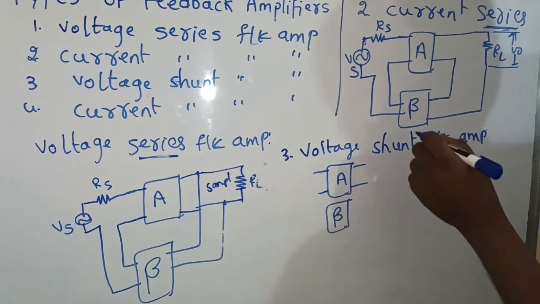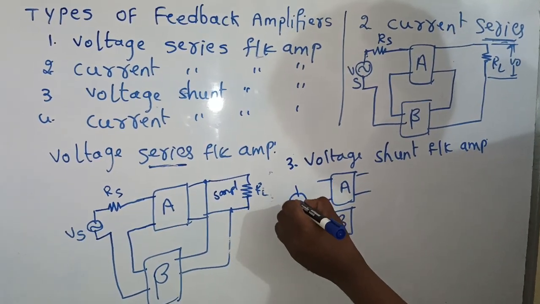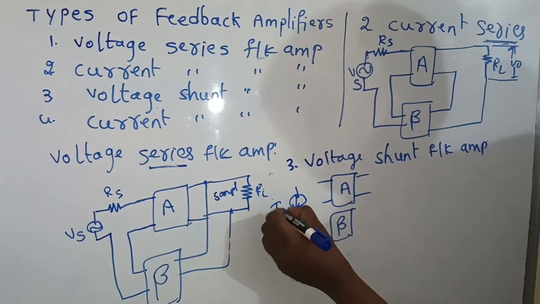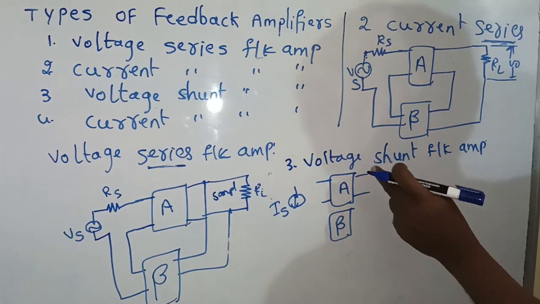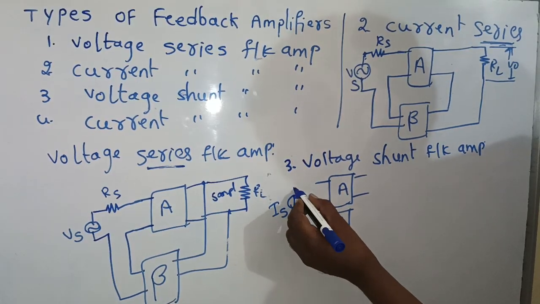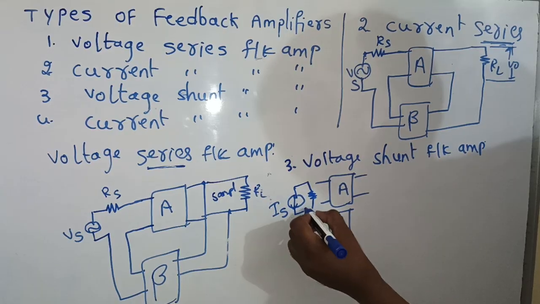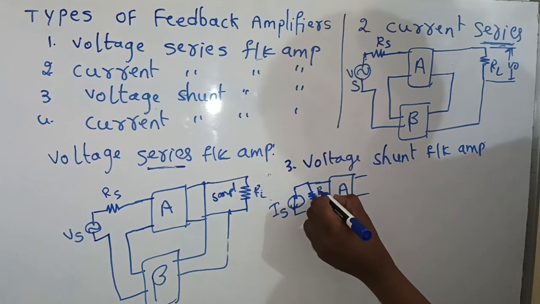If it is a shunt connection, remember that the source must be current, that is Is. If it is a shunt connection, the source must be Is, and for the current source the resistance is in parallel, the input resistance is in parallel connection, this is Rs.